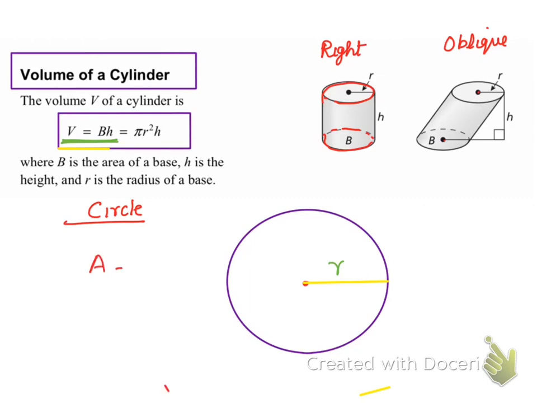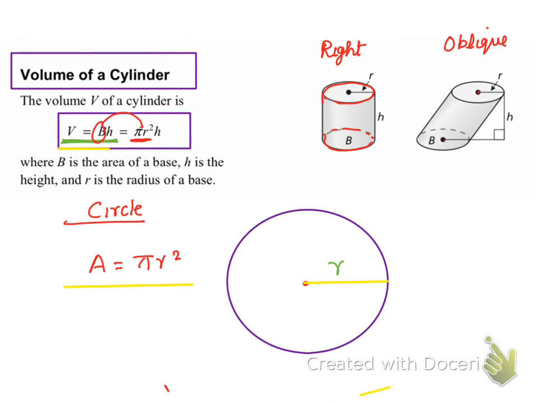A is pi r squared. So that's why this is replaced here: the B got replaced by pi r squared, and then h is the height of the cylinder. So you're supposed to use that. And never use 3.14 for pi, that's an approximated value. If you're using a calculator, always use the pi button.